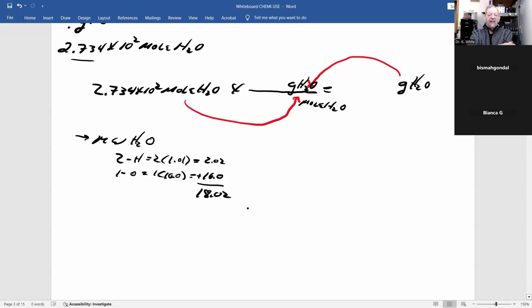Now, something we haven't used until now is rounding off for addition. And for addition, you get the same number of significant figures to the right of the decimal as the number that has the fewest significant figures to the right of the decimal.